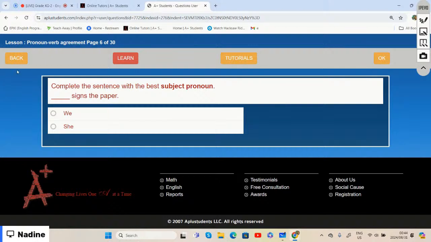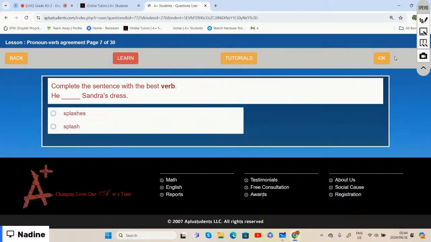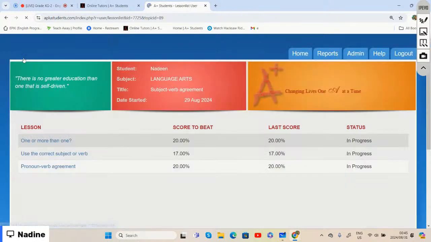So we can say she signs the paper. She is singular and it is then agreeing with the verb ending with an S. All right. So this is now the end of our lesson on subject-verb agreement.